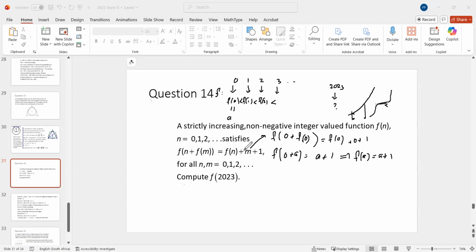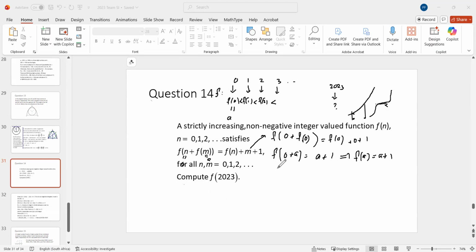Now, you see, I know f(a). So why don't I put a in here? Put a here and put 0 there. So make n equal to 0 and m equal to a.